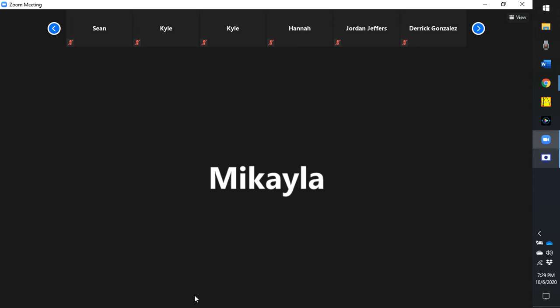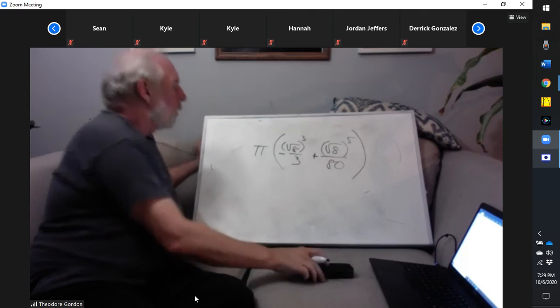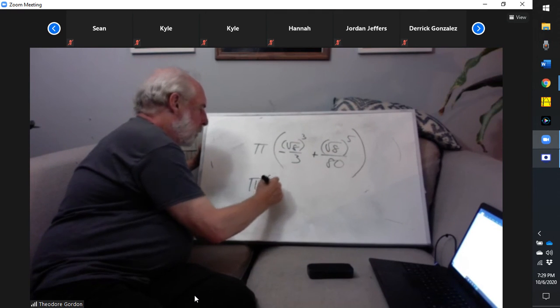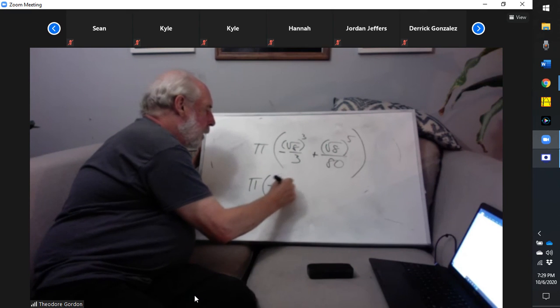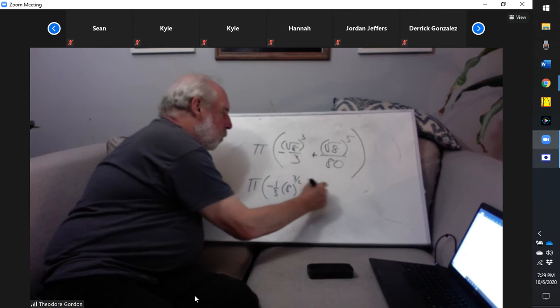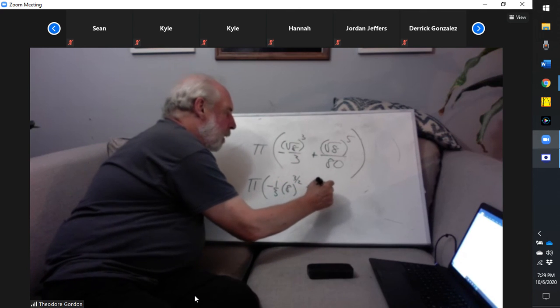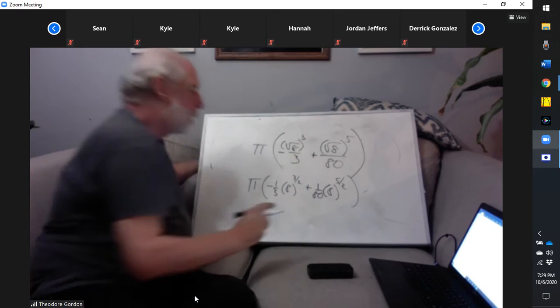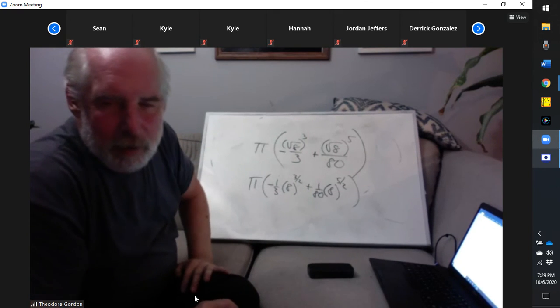And the 0 doesn't matter there. So that's negative 1/3 times 8 to the 3/2 power plus 1 over 80 times 8 to the 5/2 power. That's another way to write that final answer.